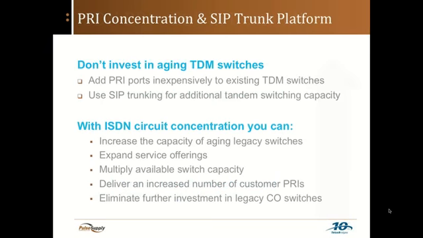So we're providing a solution here using the Telcobridges gateway, which would allow you to add ISDN PRI ports inexpensively, or at the very least cost effectively, to your existing TDM switch, but also deploy a piece of equipment that is ready for a next generation network infrastructure because it supports SIP and voice over IP. So you can actually deliver more ISDN PRI services to your customer without actually investing in your existing TDM switch.